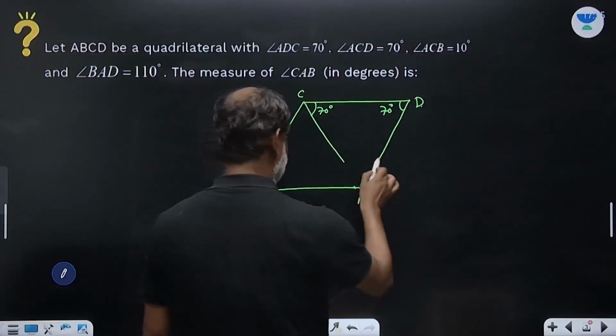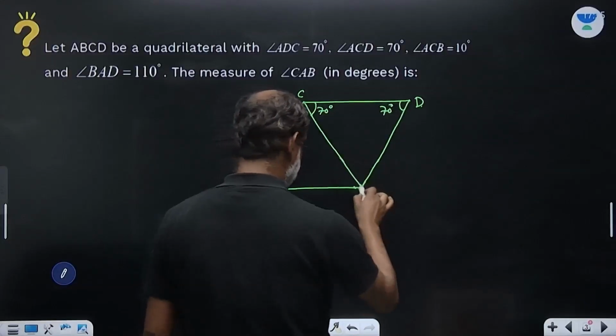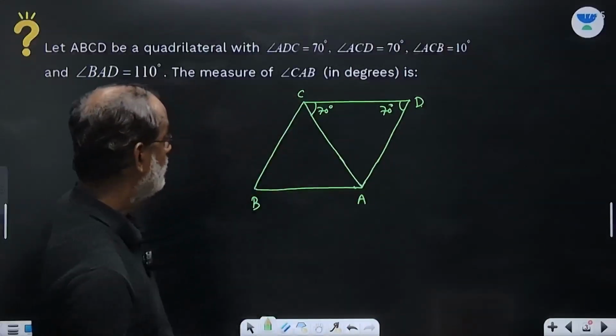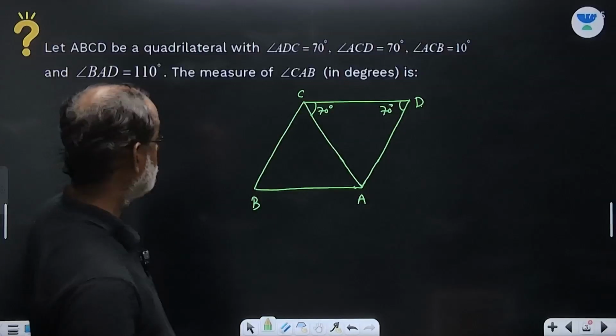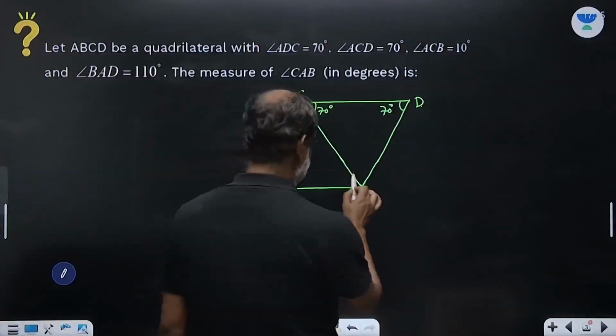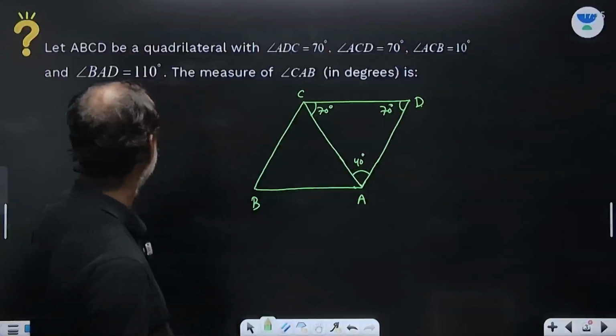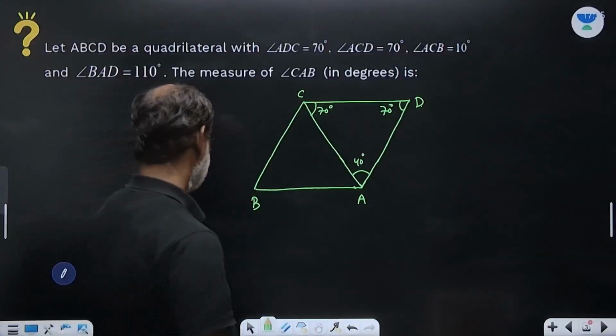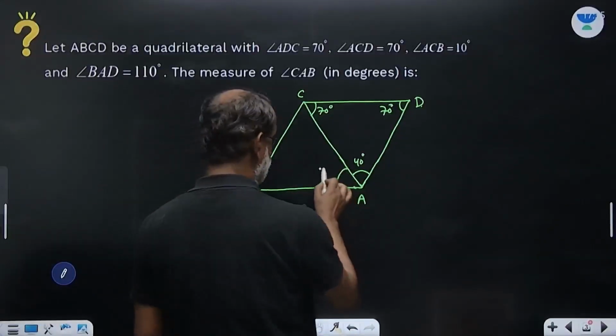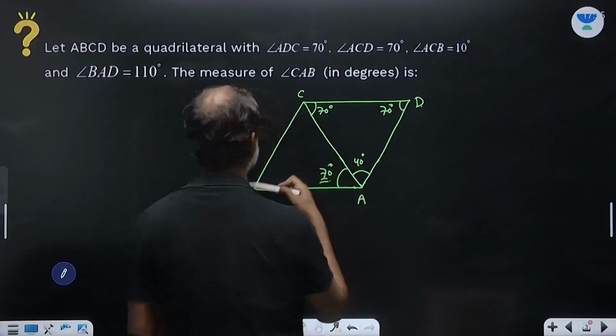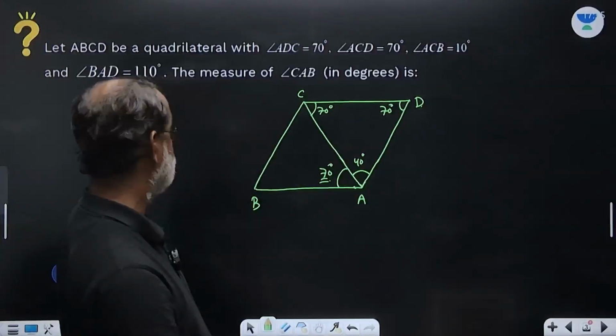How come? BAD is given to you as 110 degree. So, this becomes 40 degree. BAD is 110 degrees. So, CAB is going to be 70 degree. What is the use of ACB being 10 degree?